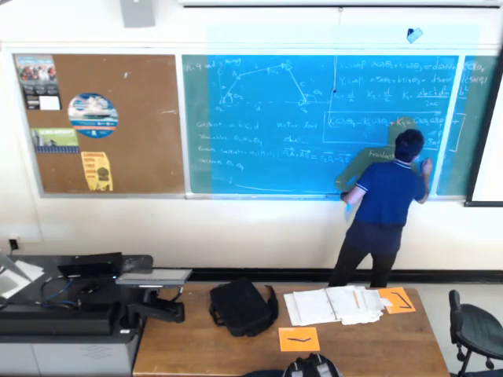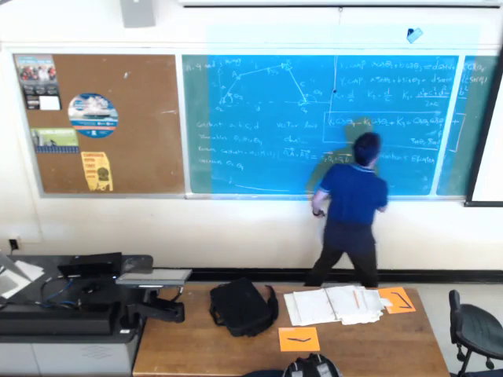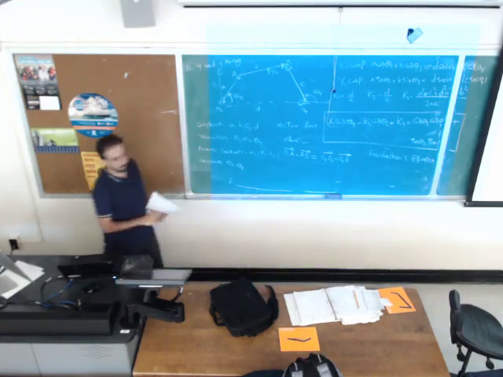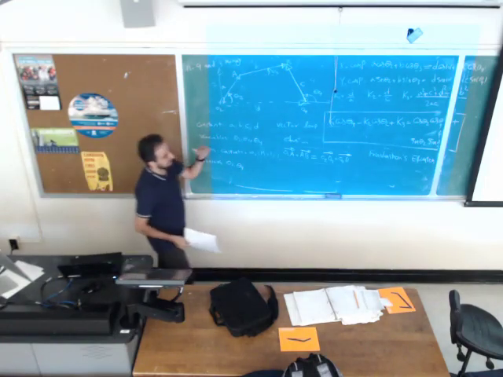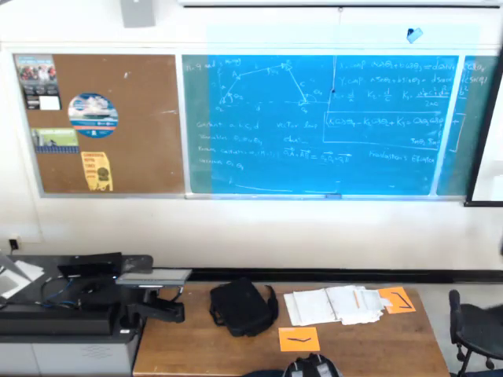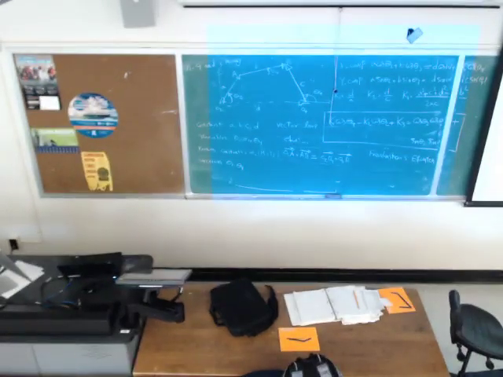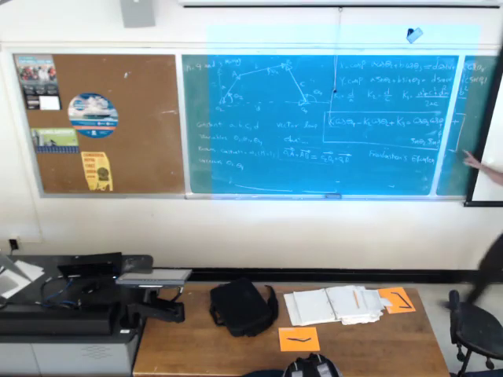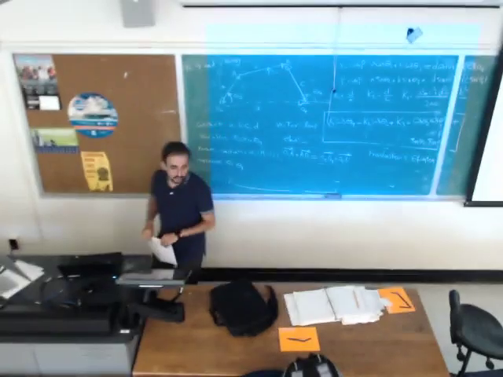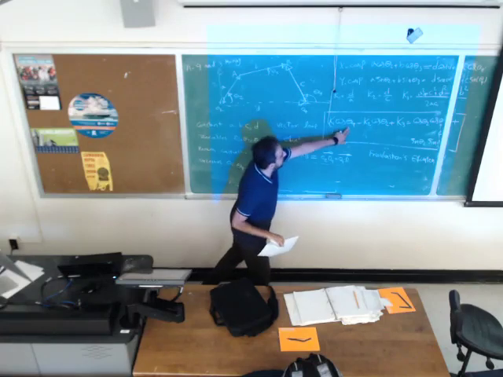We call this the Freudenstein equation. I just move these two terms to the other side. I wrote this term first, then this term, then the last term. Theta 4 is unknown.